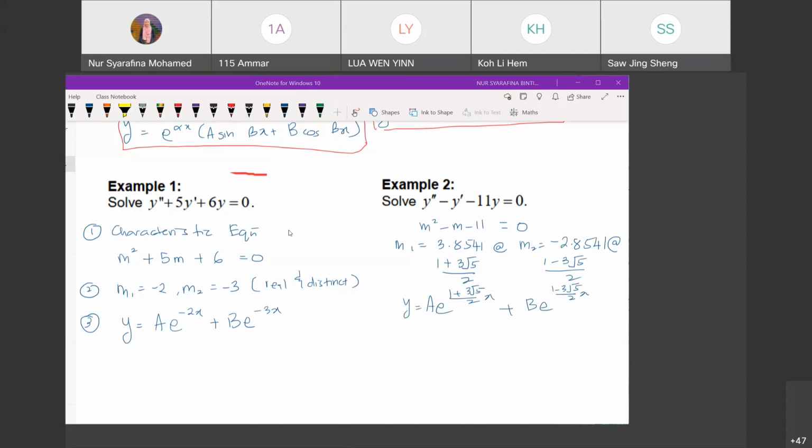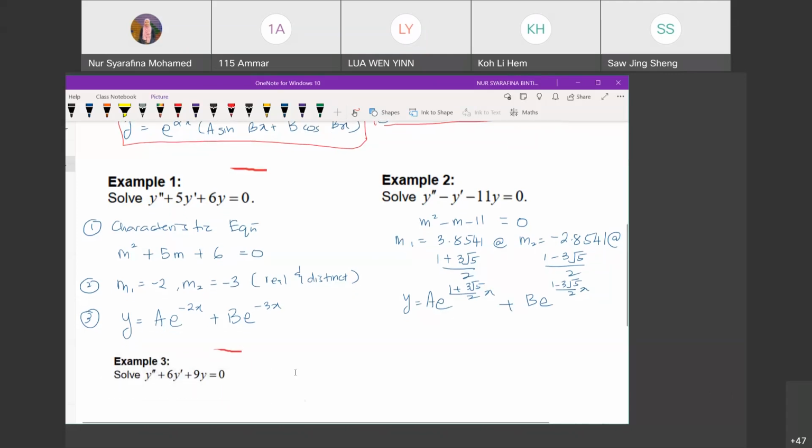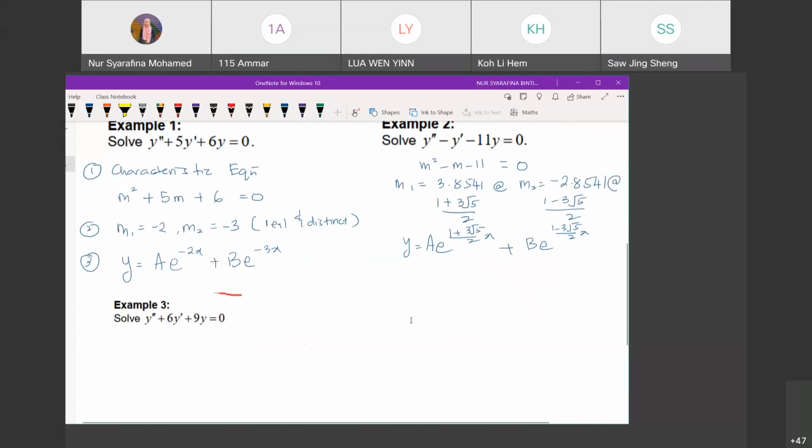Right, let's try the next example. Example 3. This is m squared plus 6m plus 9 equals 0. What will m be? M is minus 3.